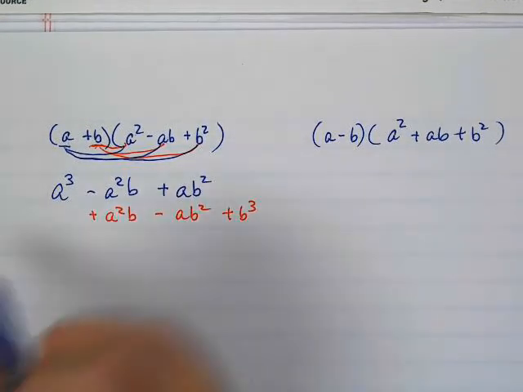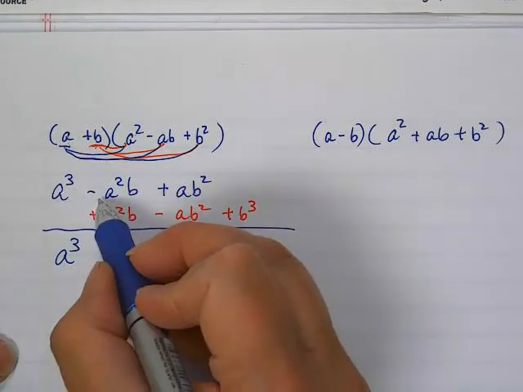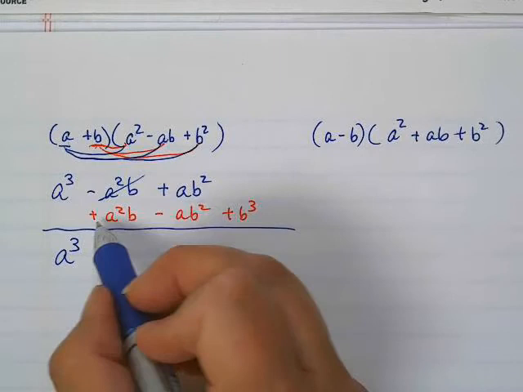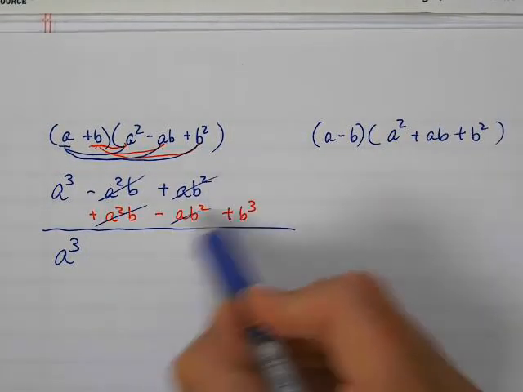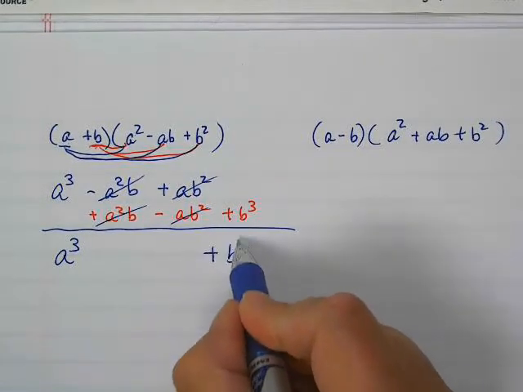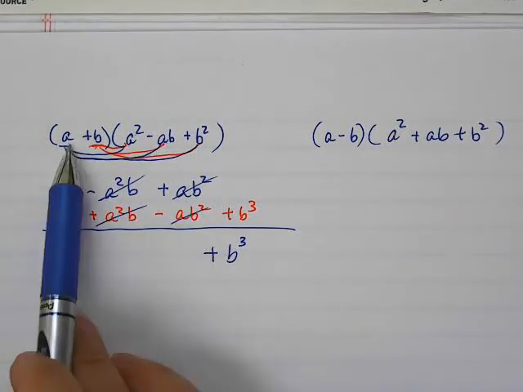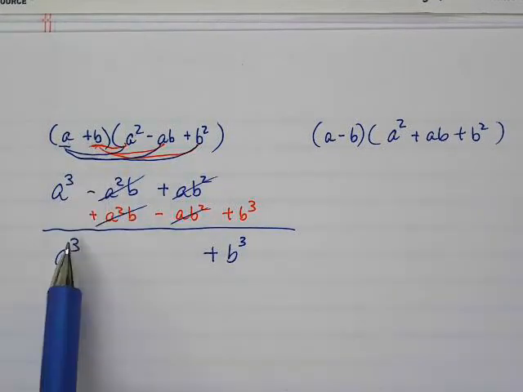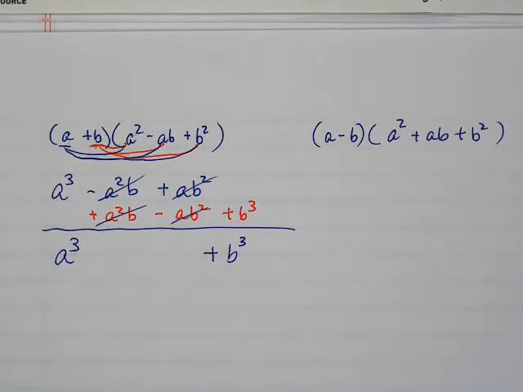So whenever I put these together, I get a cubed. The negative a squared b and the positive a squared b cancel out. The positive ab squared and the negative ab squared cancel out. And I'm left with plus b cubed. It's interesting. The very numbers that I had right here and right here are now cubed, and everything else in the middle canceled out.